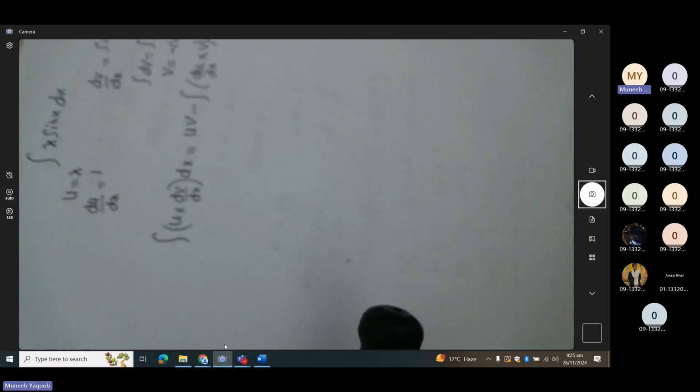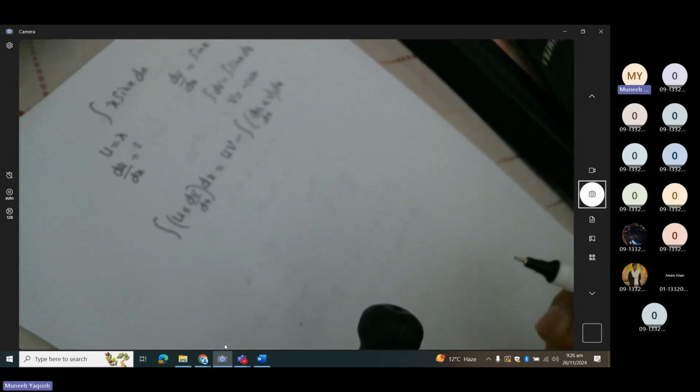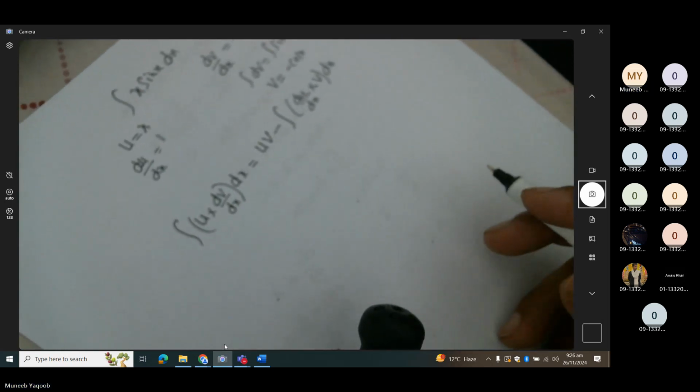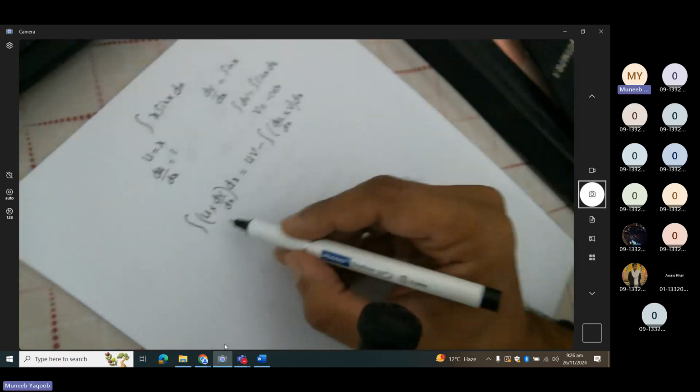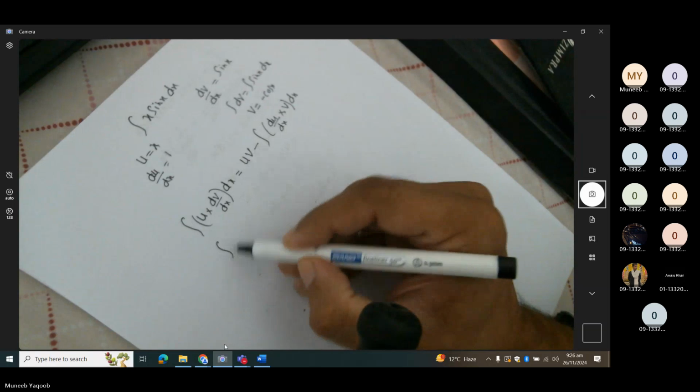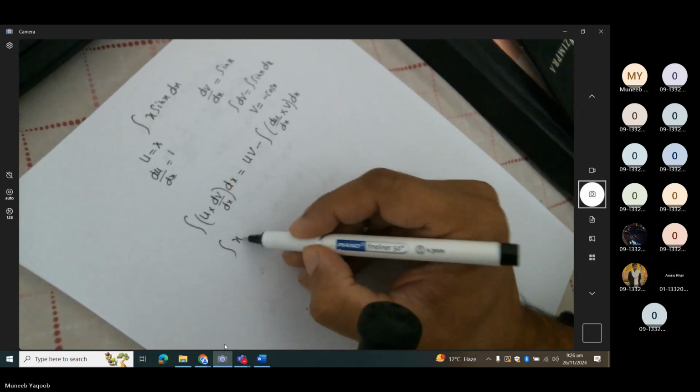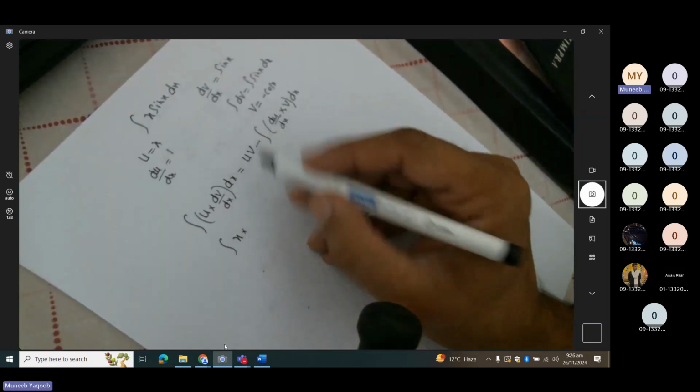For this formula, we will take u as x, dv by dx as sin x.